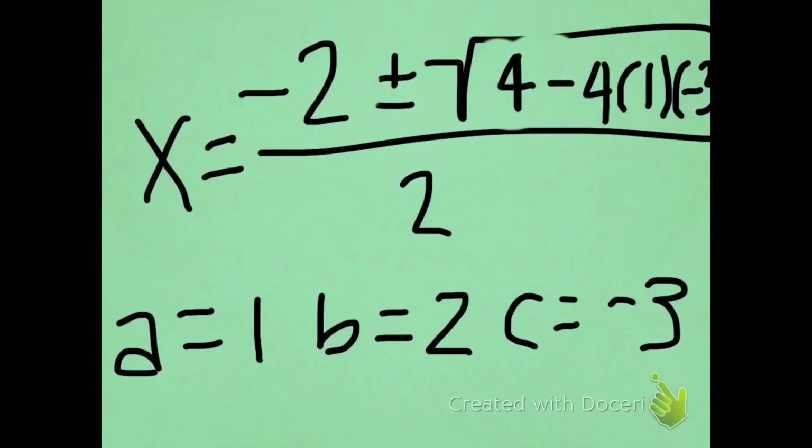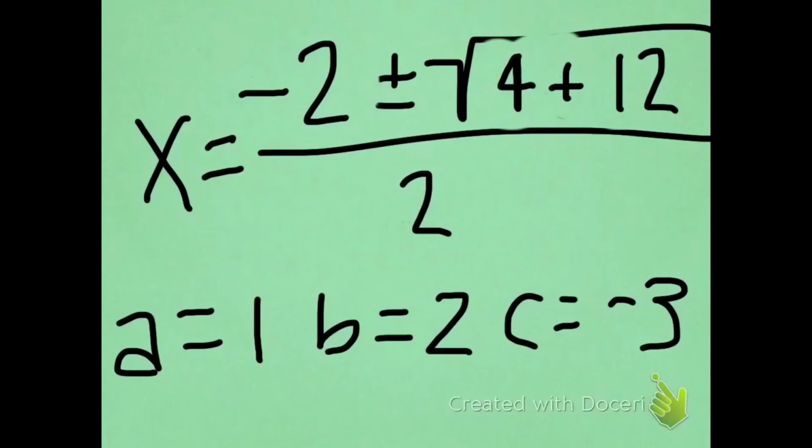I meant to say minus 4ac instead of plus, so if you need to change your formula quickly, this is what you will have to do. Since it equals negative 12 and there's a negative in front too, that means we will have to change our sign to a positive 12, so it will be plus 12.